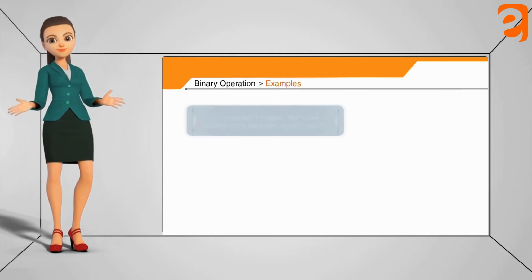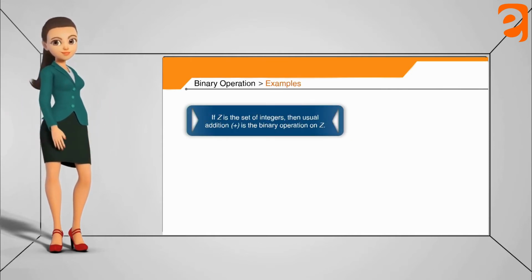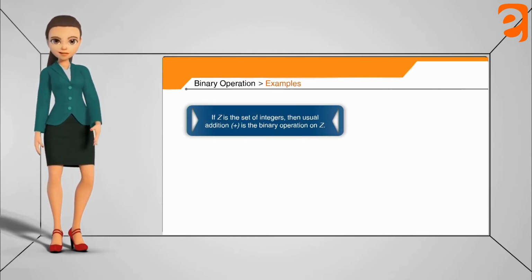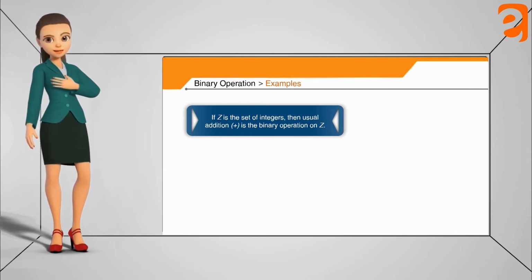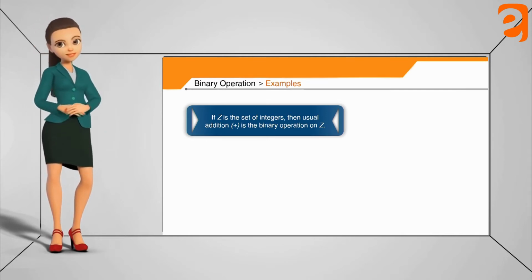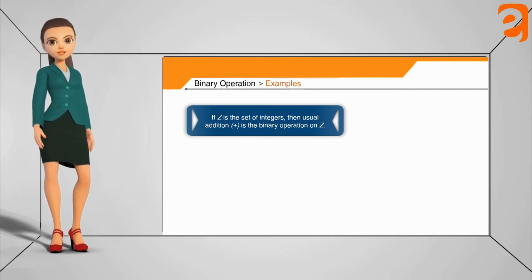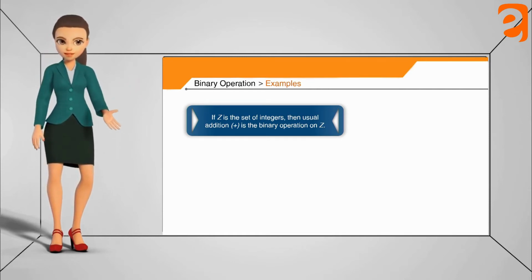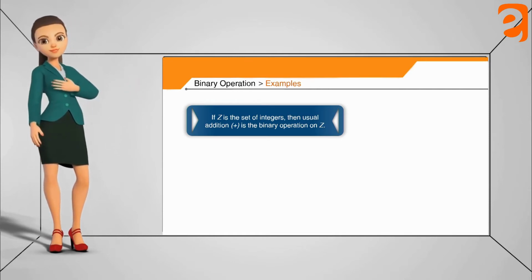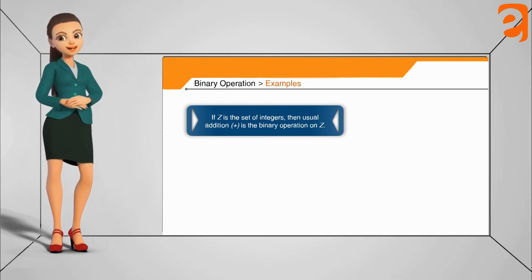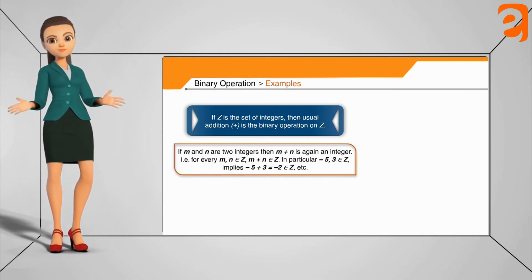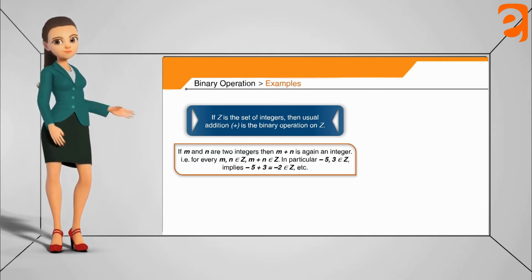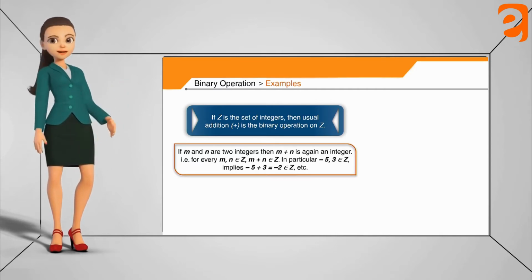Let's look at some of the binary operations. Let us suppose that Z is a set of integers and we are taking the operation as addition on the set Z. Then we will show that addition is a binary operation on this set. How are we going to show that?